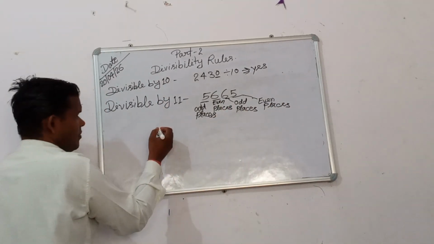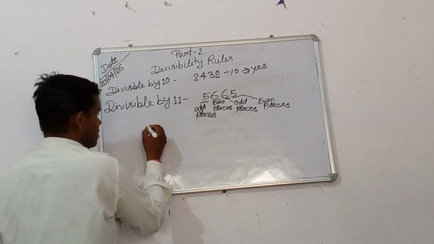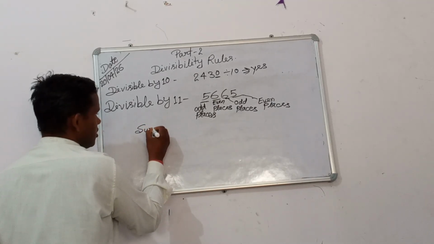Here we find the sum of the odd places and the sum of the even places.